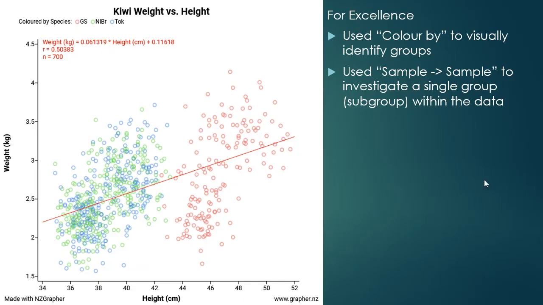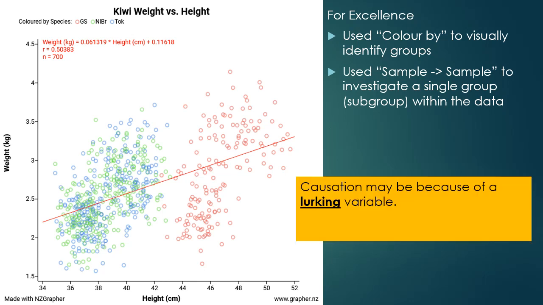So to recap there, we've used the colour by to visually identify the groups. We've used sample and then sample to remove groups that we don't want to look at, and so we can look in more detail at some groups. What we've got here is, I'll say that the relationship between height and weight may be just because of a lurking variable, and this lurking variable is the species.